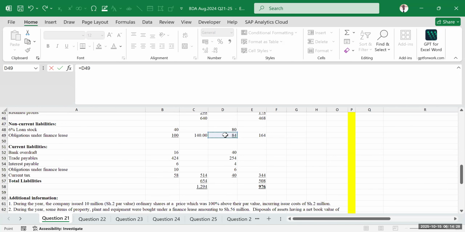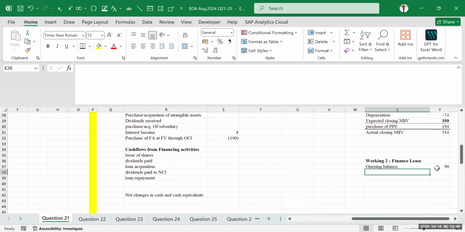Then we also recognize the opening balance under current liability on the same line of lease. Members, I hope you are getting it. This is the total obligation we are opening the period with: 90 million. This is what we need to pay when we open the financial year.